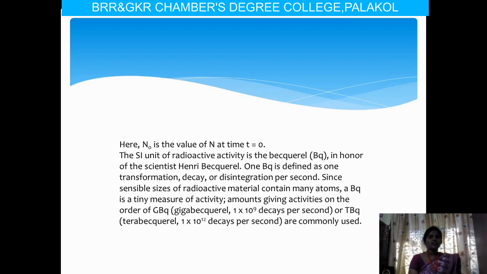The SI unit of radioactivity is the becquerel, in honor of the scientist Henri Becquerel, who described radioactivity. The other unit, first discovered by Curie, is called the curie. One becquerel is defined as one transformation or decay per second.